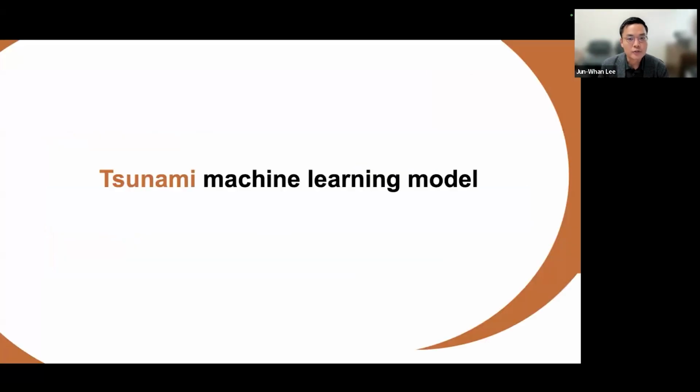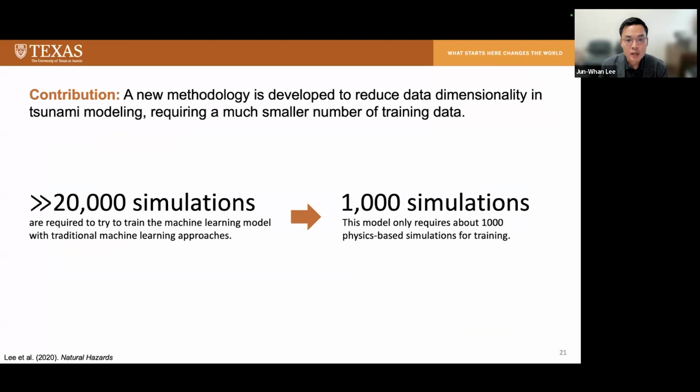So I'd like to first introduce and talk about the tsunami machine learning models. As I mentioned earlier, due to the large data dimensionality in tsunami modeling, we need at least 20,000 numerical simulation data to train the machine learning model with traditional machine learning approaches like neural networks.